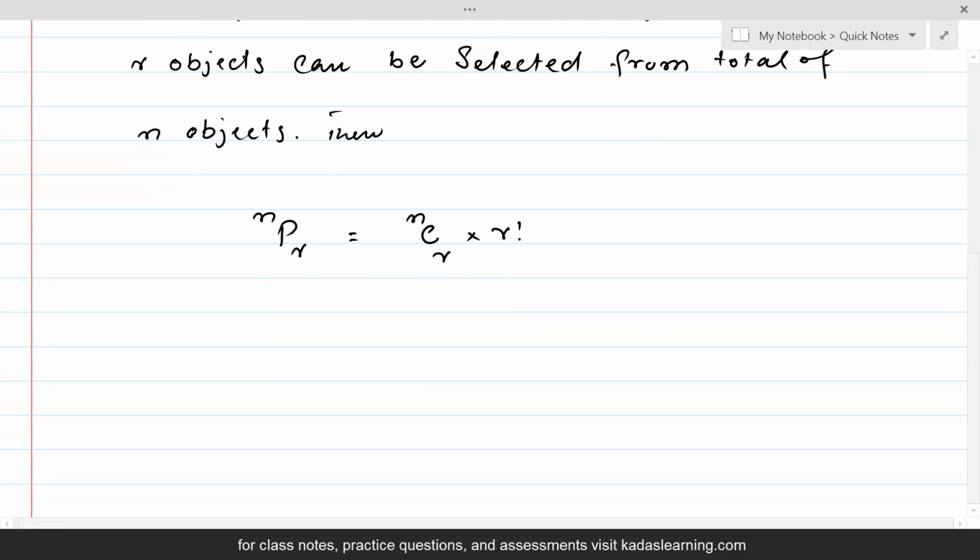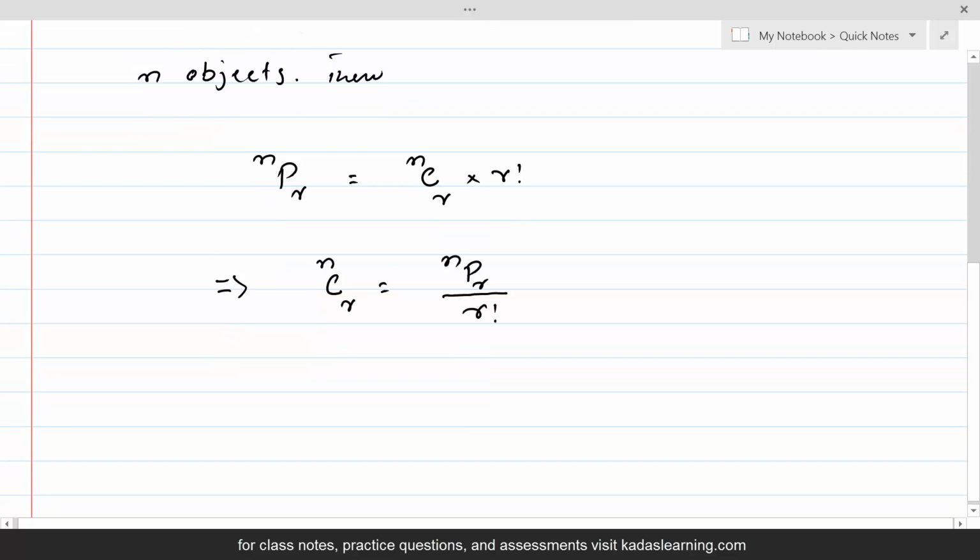So if we isolate the value of NCR, NCR becomes equal to the number of permutations divided by R factorial.